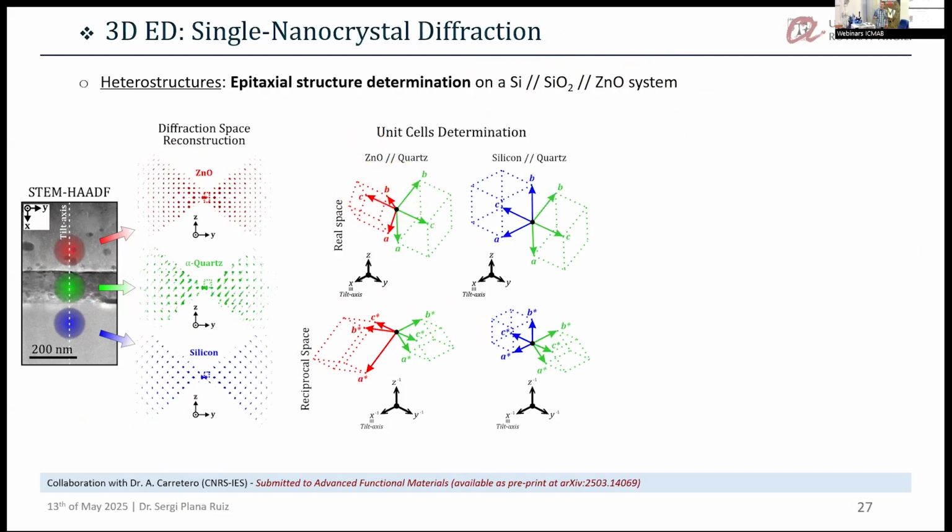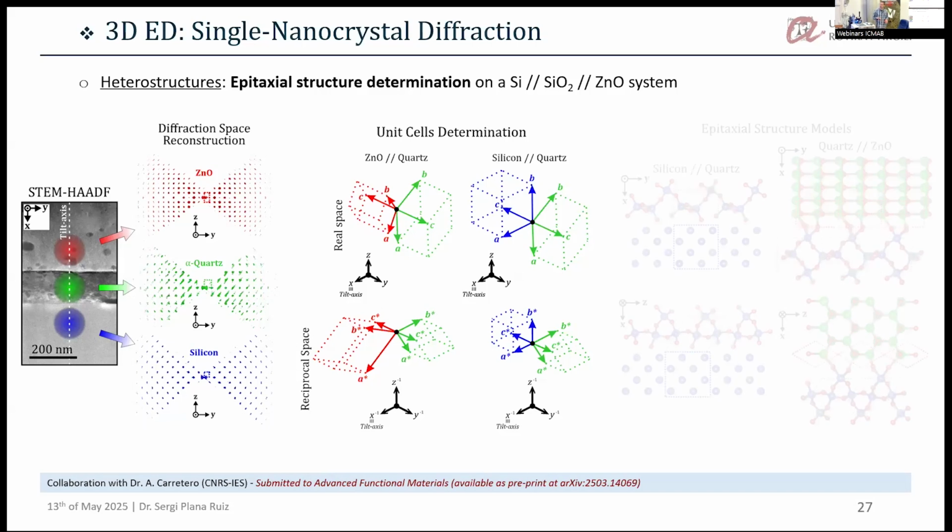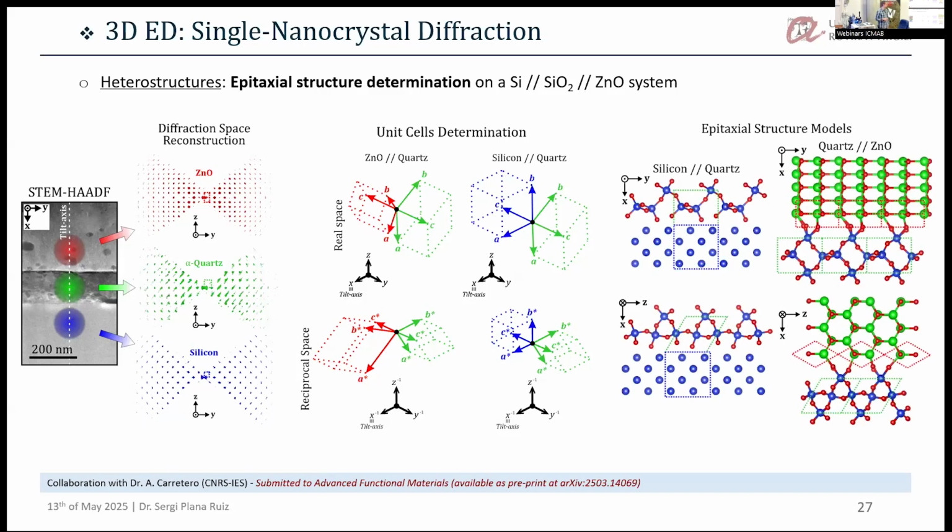So at this point, we already know how each box fits into each other, and from there we can determine the epitaxy of this heterostructure. This is really interesting because with STEM HAADF images you see, let's say, 2 dimensions, but sometimes the devil is hidden in the third. So by doing that, you can spot differences that you may not expect by only having an image.